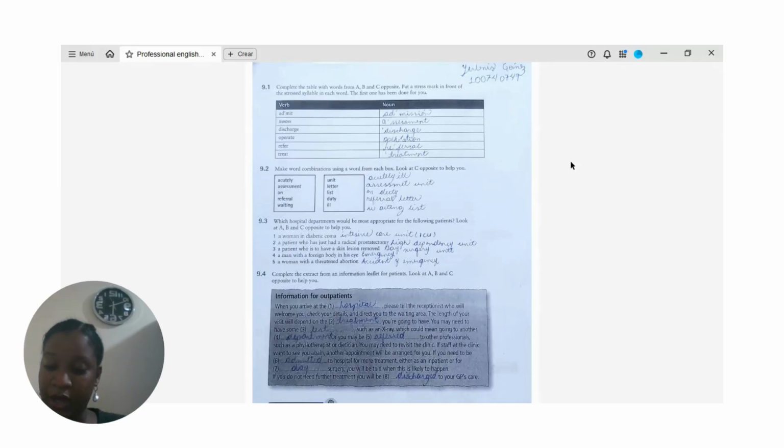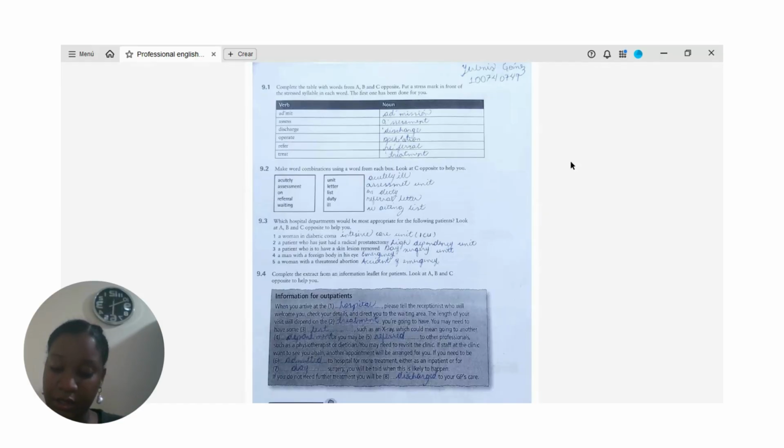You may need to have some tests such as X-ray, which could mean going to another department, or maybe being referred to other professionals such as a physiotherapist or dietitian. You may need to revisit the clinic if staff at the clinic want to see you again. Another appointment will be arranged for you.